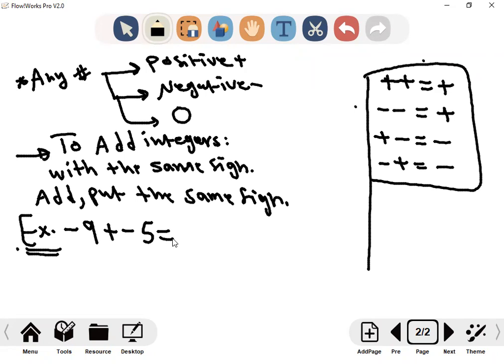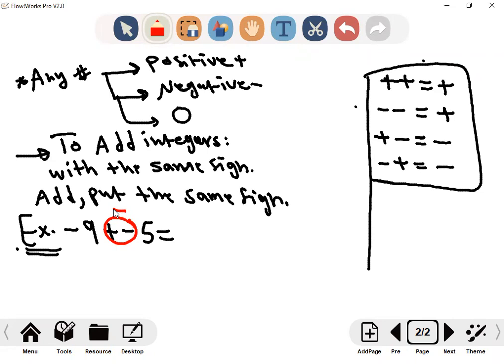I said here, if you have two signs following each other, replace them with one sign. So I have positive, negative for the 5. Positive, negative, replace it with negative. So these two signs here, I'll replace them with what? With negative.